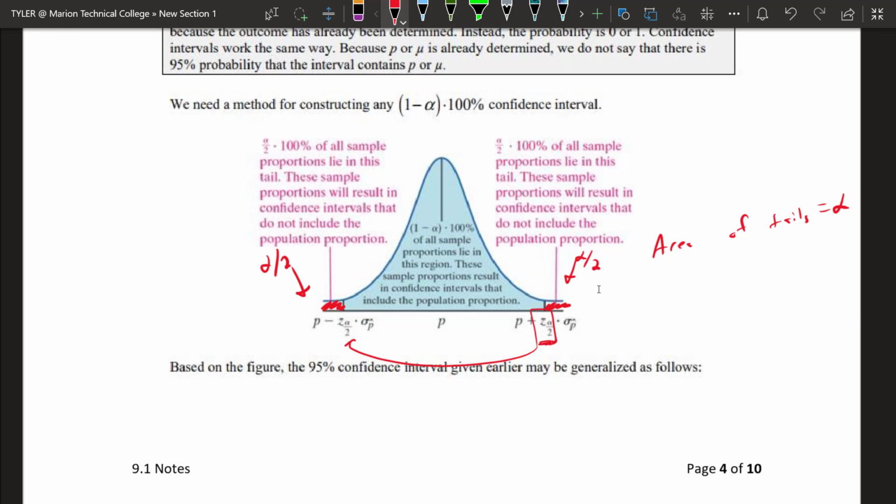In other words, p hat would be plus or minus z sub alpha divided by 2 times sigma p hat, where this is my point estimate and this value here is my margin of error.